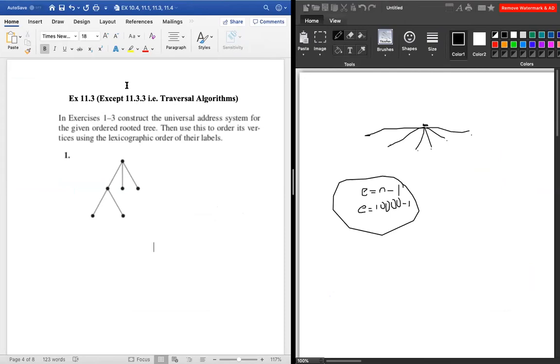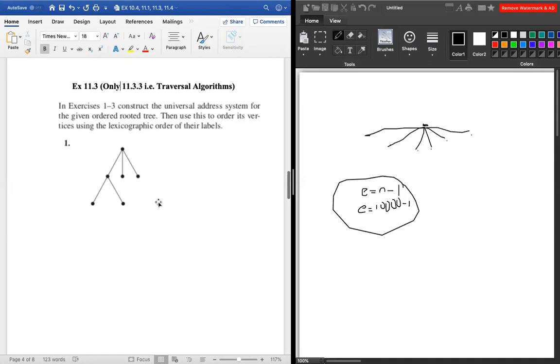Yeah, so here we will be only covering 11.3.3. You're right. So in this exercise, we will be covering the traversal algorithms only, which are the infix, prefix, and postfix representations.